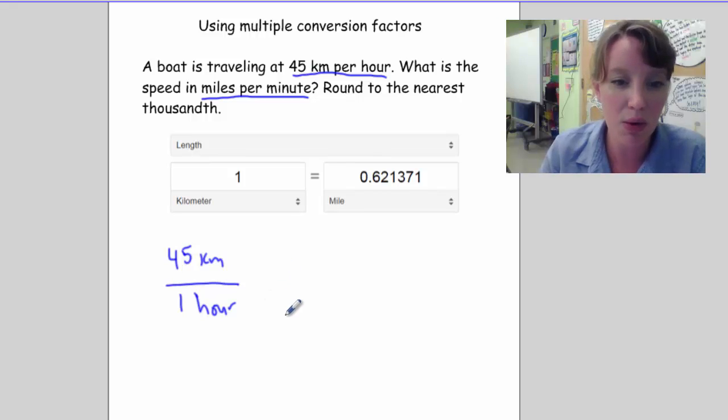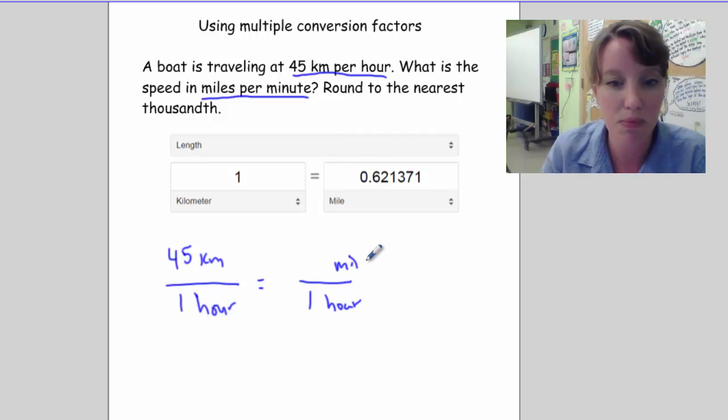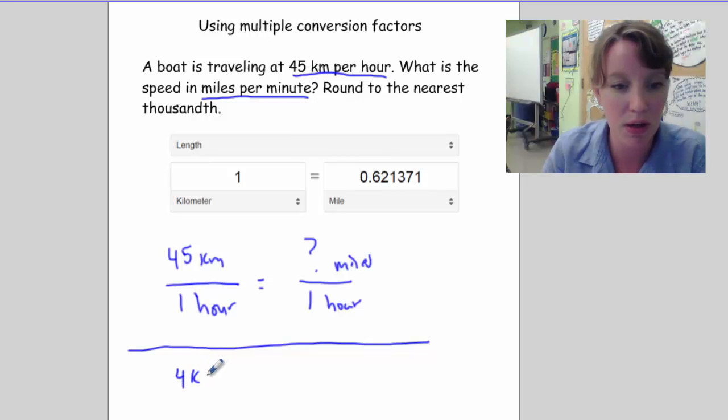So the first thing I want to do is convert kilometers to miles, okay? Because what I would like to figure out is if it's this many kilometers per hour, how many miles per hour am I going? Okay, that's what I'm wondering. Now, in order to do that, I'm going to do a little side problem here. So I want to convert 45 kilometers to X amount of miles.